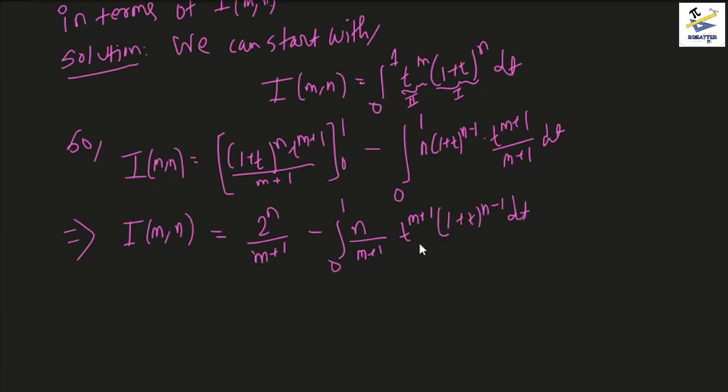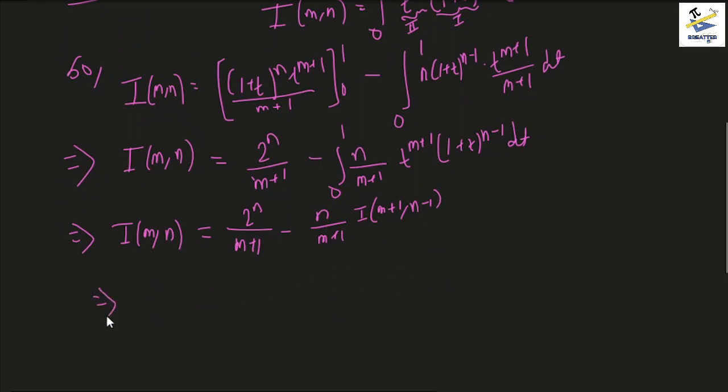Now notice that this integral right here is basically I(m plus 1, n minus 1), right? So we write I(m, n) equals 2 to the power n by m plus 1 minus n by m plus 1 into I(m plus 1, n minus 1).